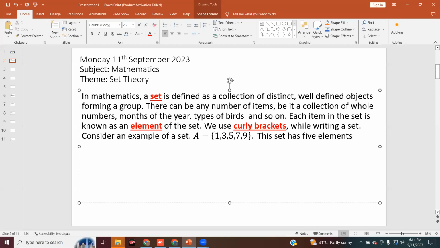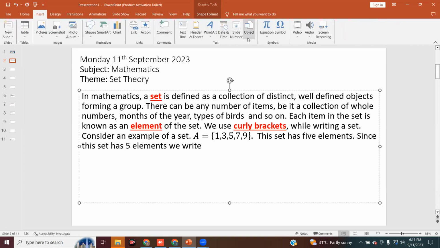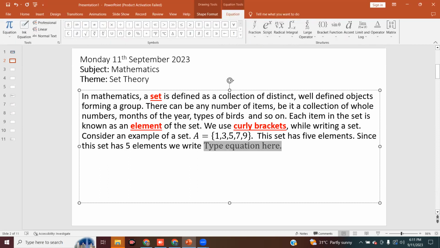Now, since this set has 5 elements, what we write is that the number of elements in set A equals 5.